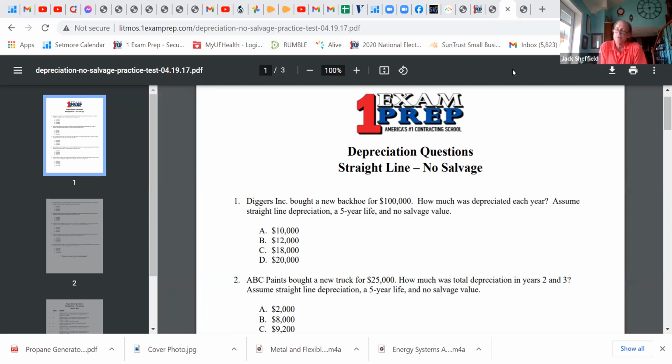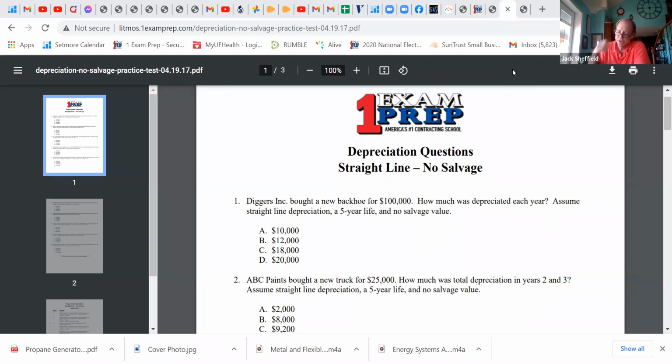So to help illuminate this, if you have your Builder's Guide to Accounting out, we can read on page 163 in the right-hand column, and that'll help illuminate what I'm trying to explain to you here. I'm in the right-hand column about halfway down, and it says straight line depreciation.